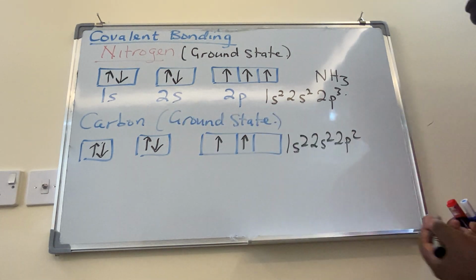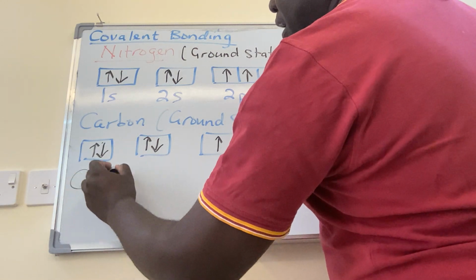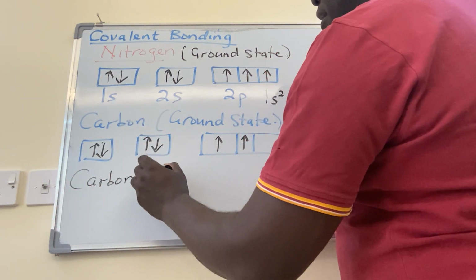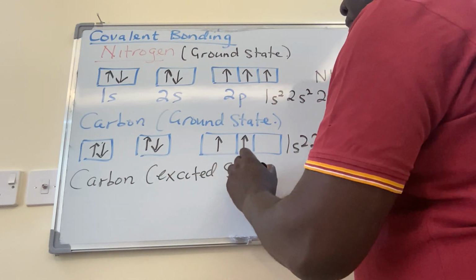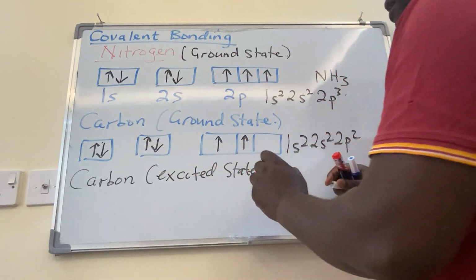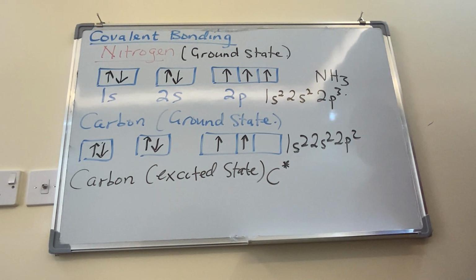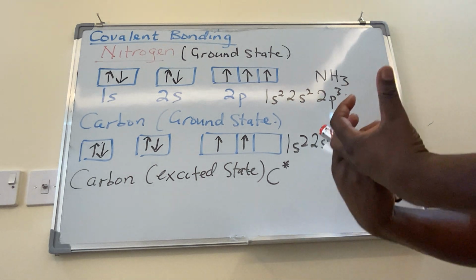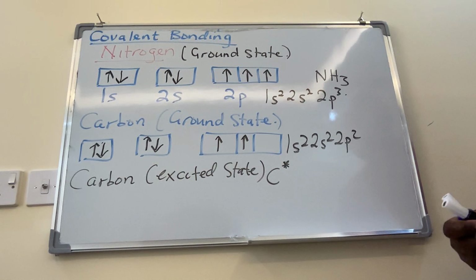So we can come up with another electronic configuration: carbon in the excited state. Sometimes chemists write this as carbon with an asterisk. Something must happen so that carbon can form 4 bonds around it.